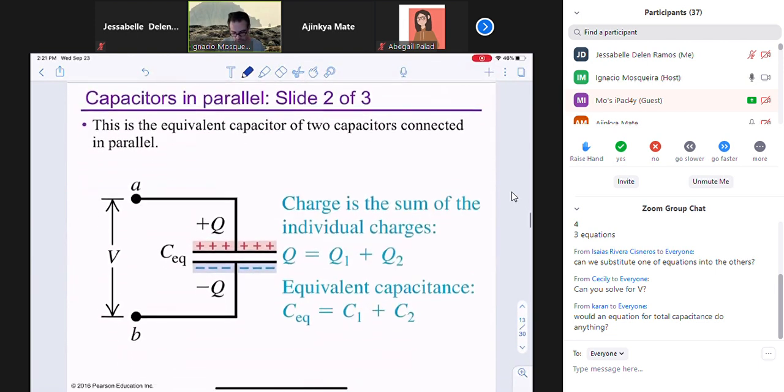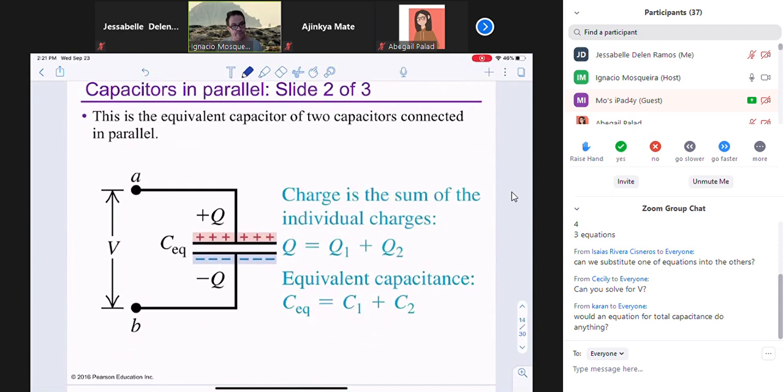Okay, now there is also the rule for parallel capacitors. Here they give it to you. Now they have to tell you the total charge. When you replace the capacitors in series, before, they didn't have to tell you because it's the same charge.